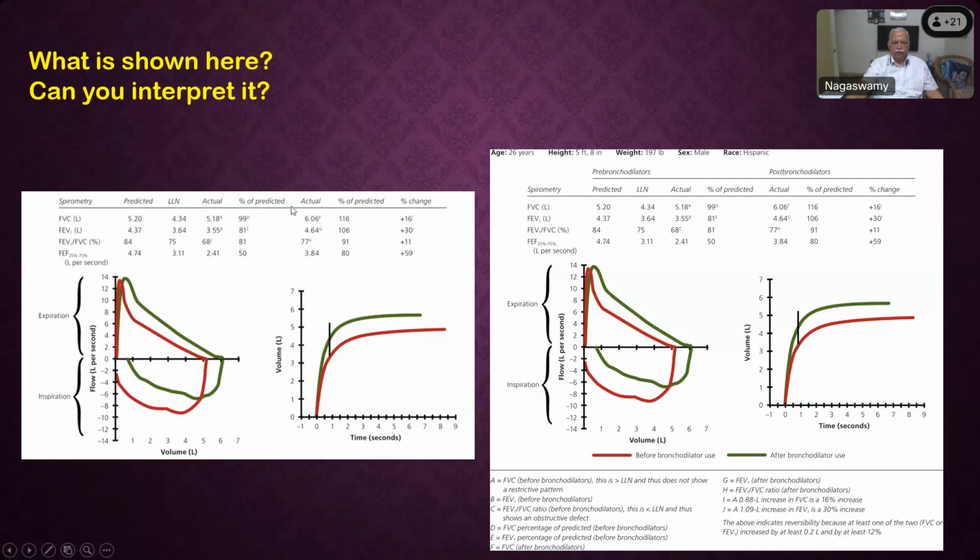If a patient is not an asthmatic, then they will give only one value. If the patient is a known asthmatic using some bronchodilator, to see the effectiveness of the bronchodilator therapy, they always give two values. So if you find two values, you must know that it is pre and post dilatation.